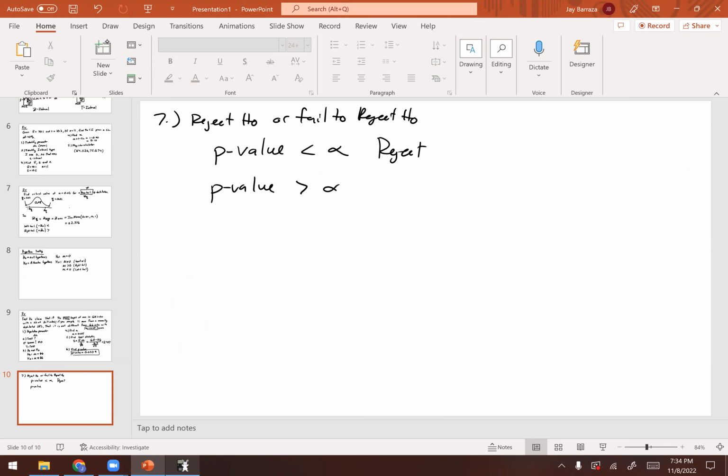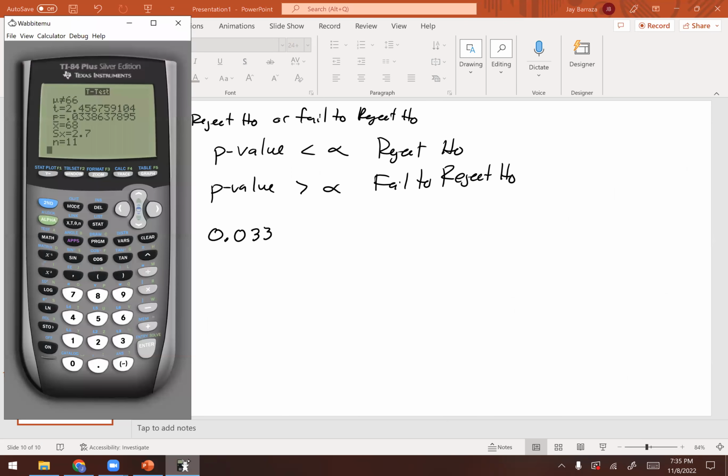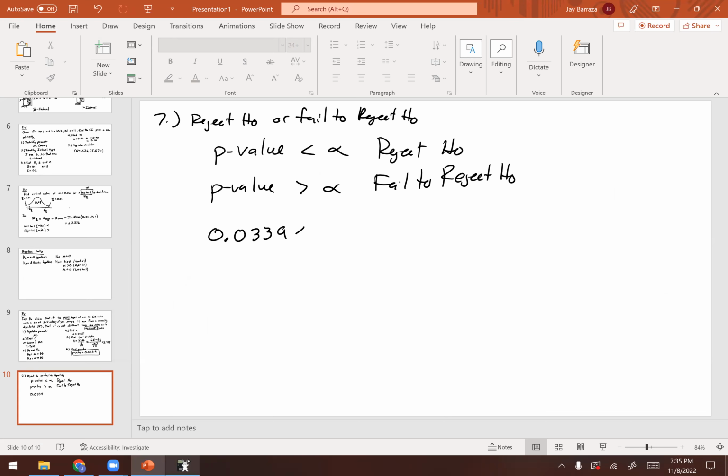P-value greater than alpha, you fail to reject. So my p-value was 0.0339, and that's less than 0.05, so I reject H naught.